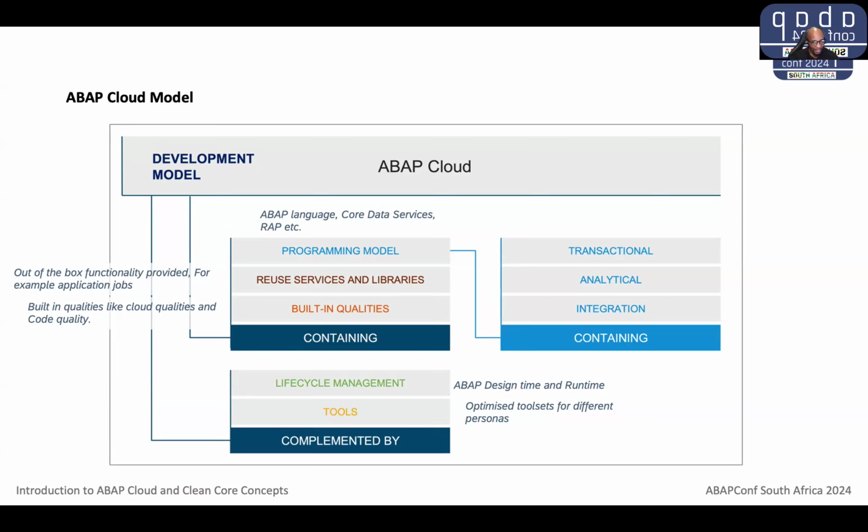So these two sets are similar to what we saw with the different personas when we looked at the developer and the key user, for example. So there's a tool set for key users to enable them to create extensions, and then for developers as well. So ADT, for example, is one of those tools that are used.